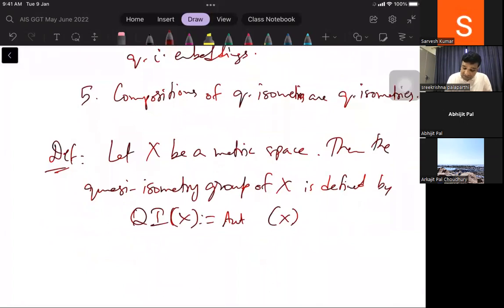So what is this? You take maps from X to X, which are F is quasi isometry.